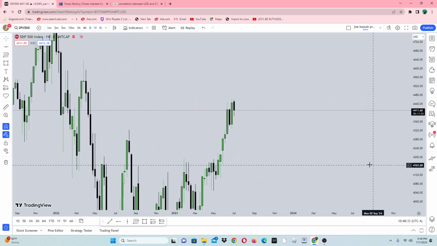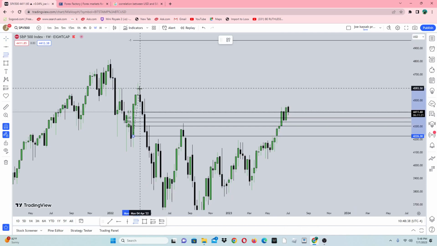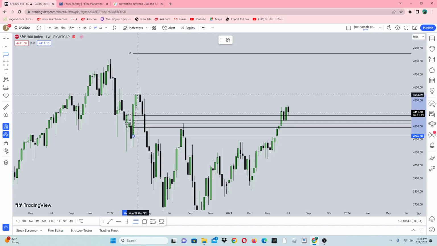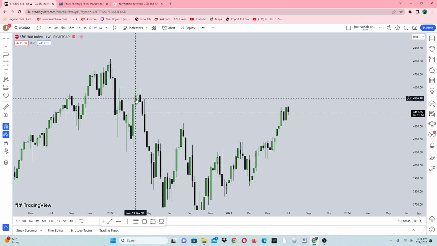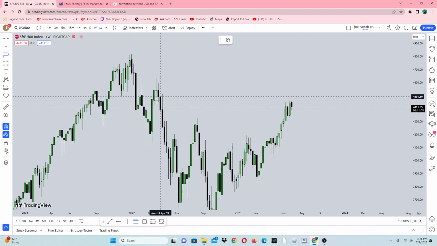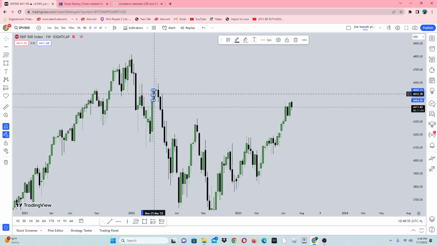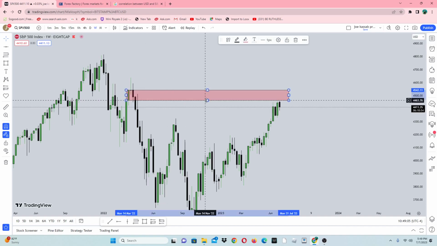Usually I start on a weekly basis. Okay, so on a weekly basis we have this whole thing coming as an order block, but when I see the market like this and I see this order block right here, I see that it hit the wick of the order block, but it did not hit the body of the order block, and actually I see nothing.